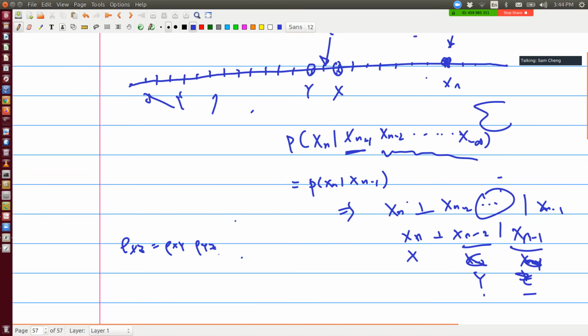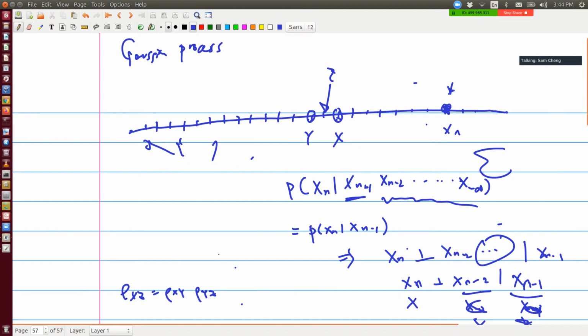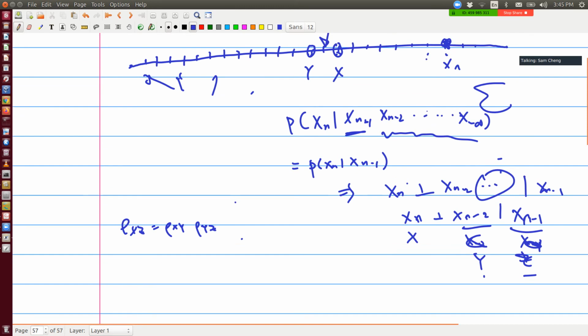Now we further assume one more thing. Rho here is the correlation coefficient between adjacent samples, basically how this sample is correlated with the next sample.